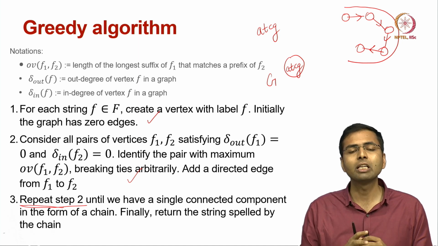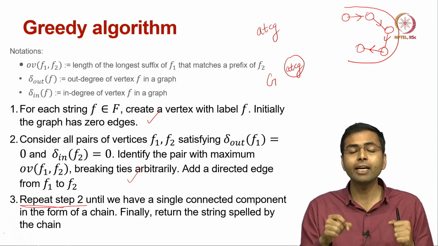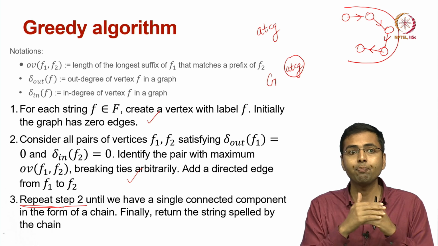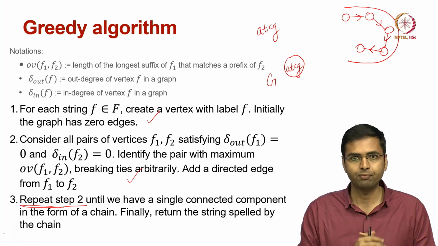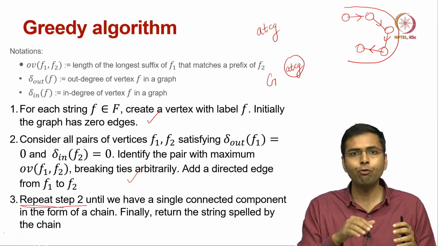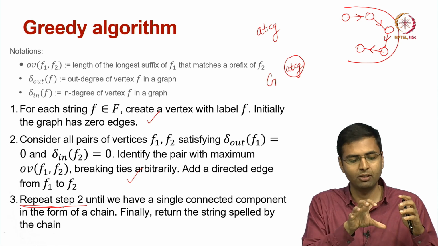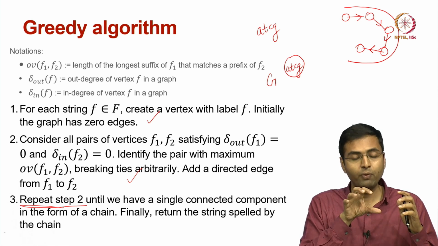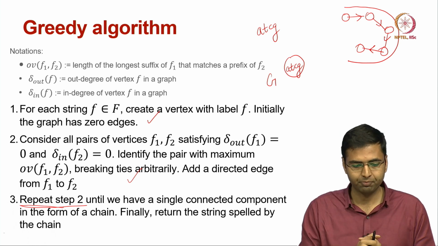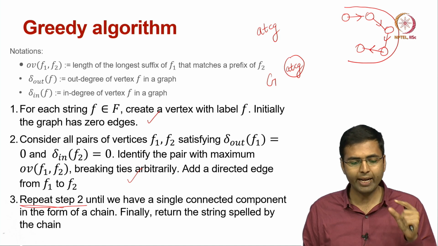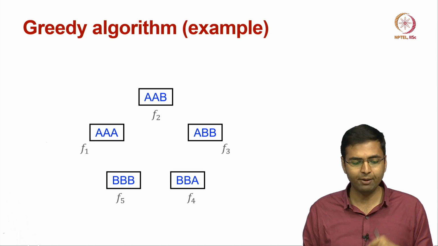So, it is a greedy algorithm in which at every step I am making a greedy decision based on the maximum overlap length, and this way I will form a chain in the graph, and finally the string spelled by the graph will be my output. So, let us look at one example to understand this better.